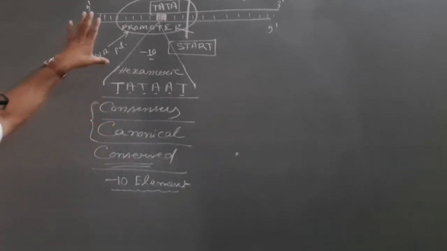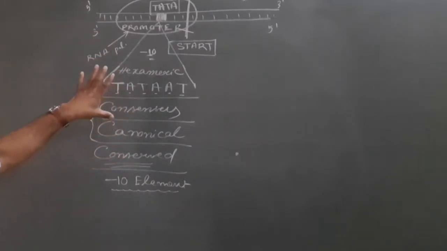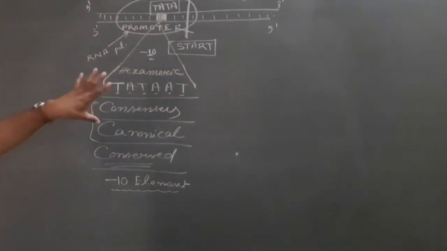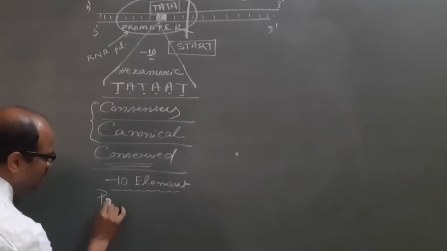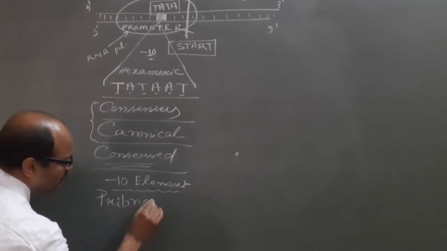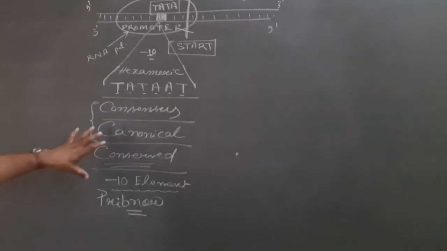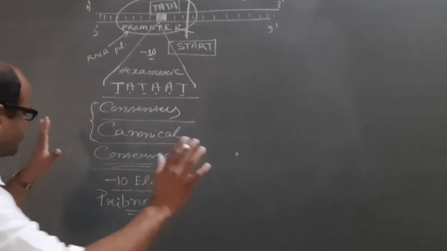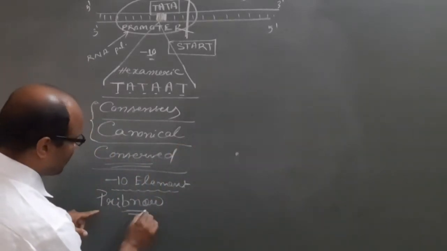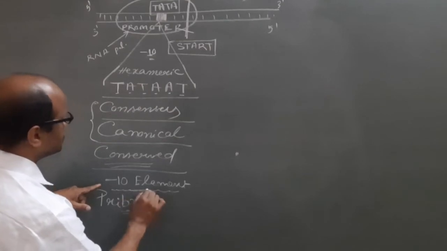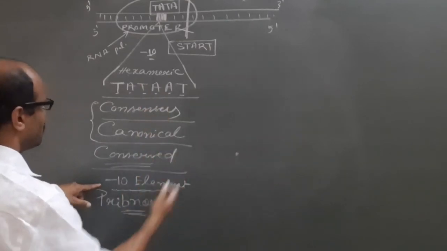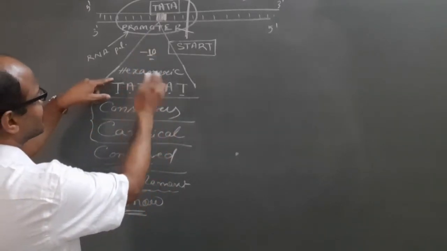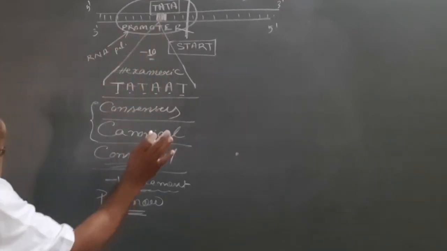This TATA box in prokaryotes is known as the Pribnow box, named after its discoverer. The Pribnow box is the -10 element, the core part of the promoter in prokaryotes. It is one of the consensus sequences of the promoter, which is the hexameric region, and this is the TATA box.